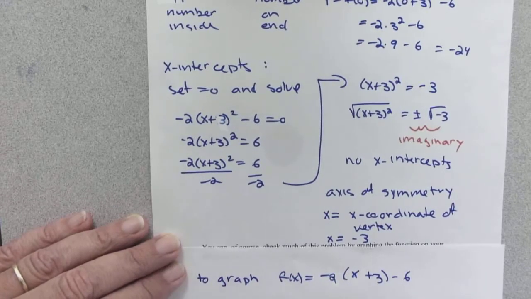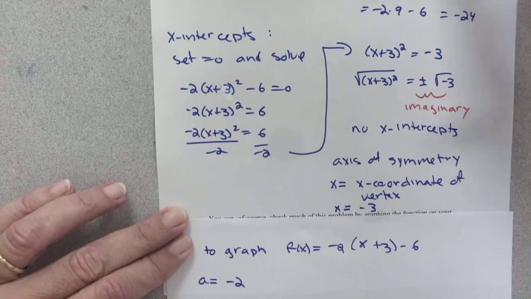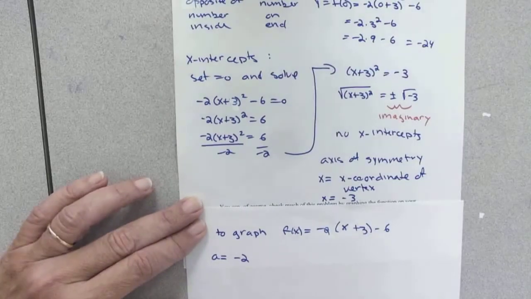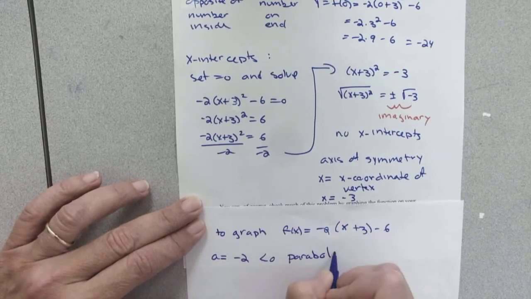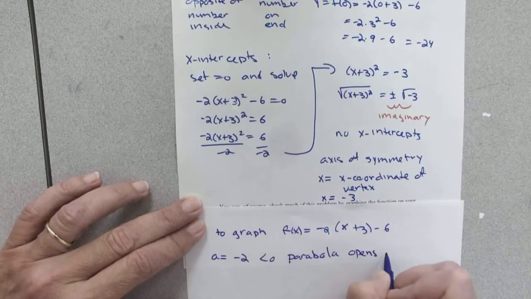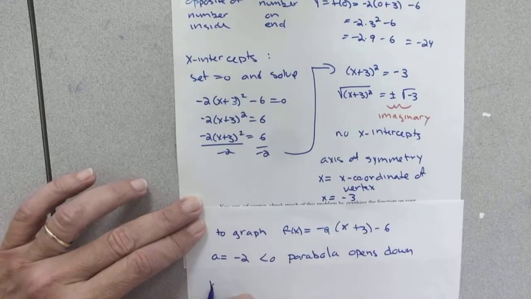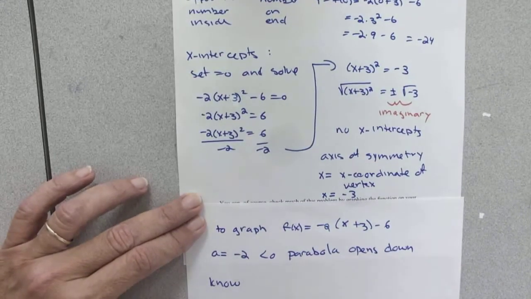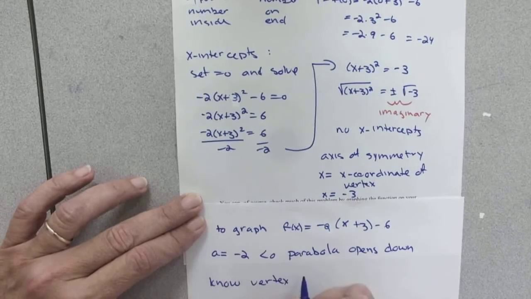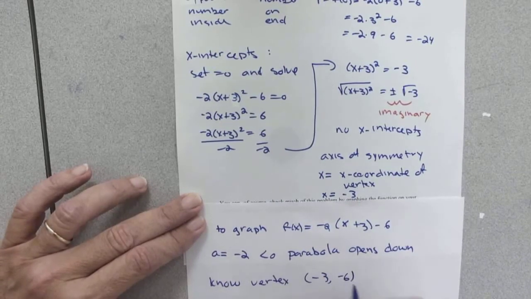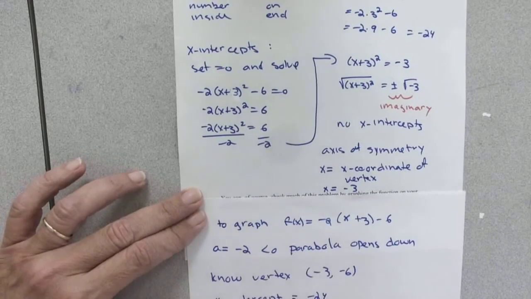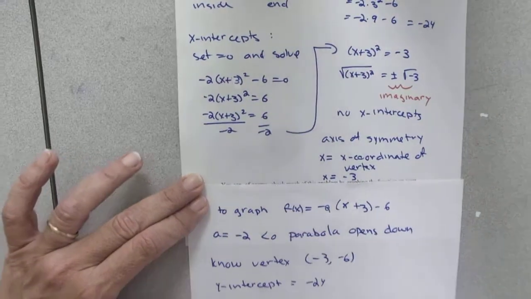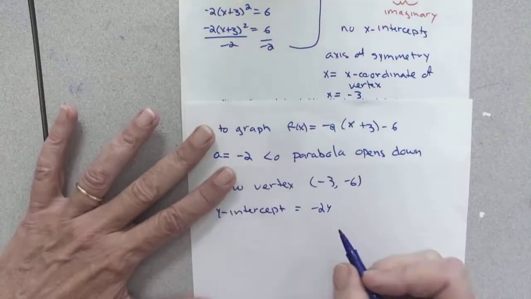In this case, that a value we talk about is -2, which is less than 0, so that tells us the parabola opens down. And then we know also that the vertex was -3, -6, and the y-intercept was -24. So now we just want to put that onto a picture.